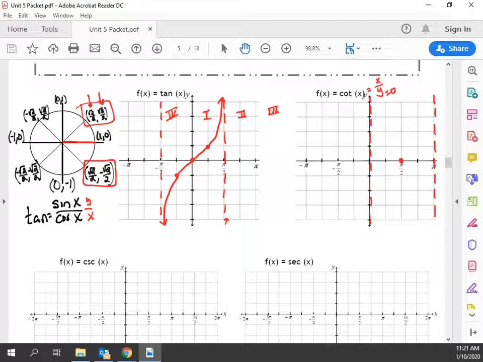Again, looking at this, it's split up into quadrants. This is quadrant 1, quadrant 2. In quadrant 1, right in the middle, 45 degrees, what is that going to look like? Positive or negative 1?